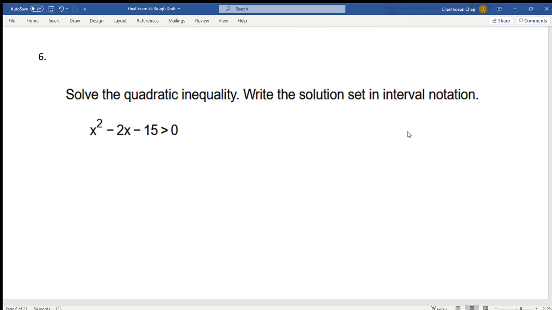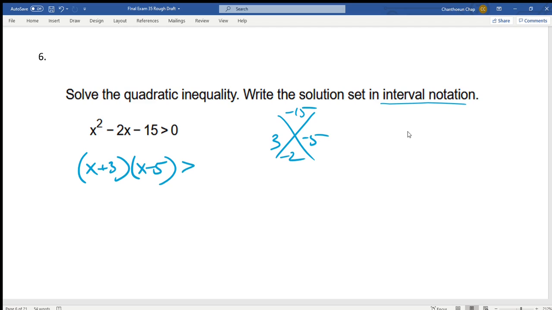Question 6, solve the quadratic inequality. Write the solution set in interval notation. First step is to try to factor this. We have negative 15 on top, negative 2 on the bottom, 3 and 5 looks good, so it's 3 and negative 5. This factors as x plus 3 times x minus 5, and that's greater than 0.